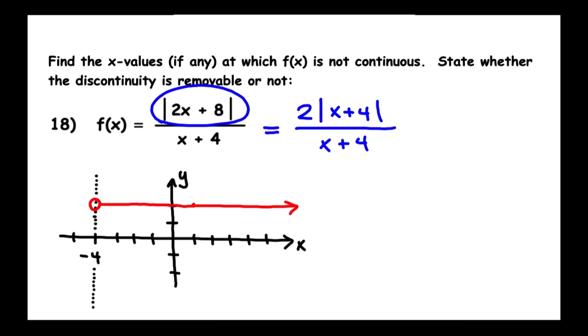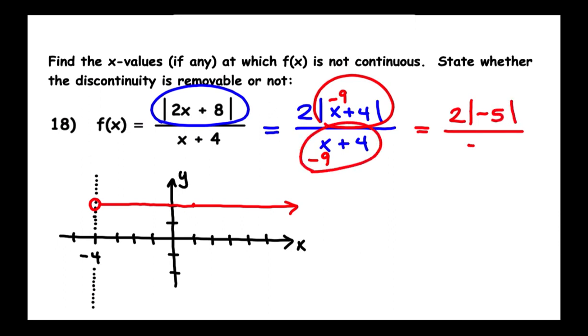Now let's pick something less than negative 4. How about negative 9? Just randomly. All right, that's going to end up becoming this. We have our 2. We have an absolute value of negative 5. And down below, it's just negative 5. Again, those will always match, except this time, the absolute value turns positive, but the denominator does not.